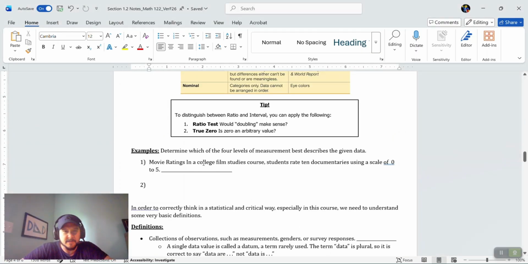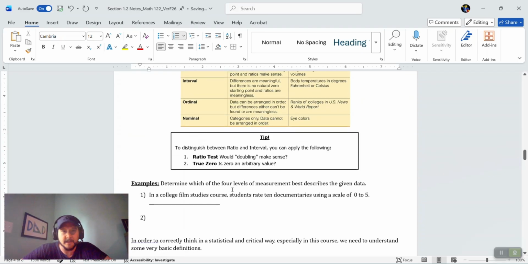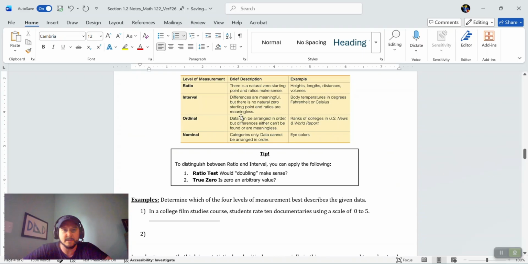Okay, so the answer to this one would be ordinal. And how we know that is because we look at the brief description of ordinals. The data can be arranged in order, but differences either can't be found or are meaningless. If you look at the example, this is similar to a ranking.